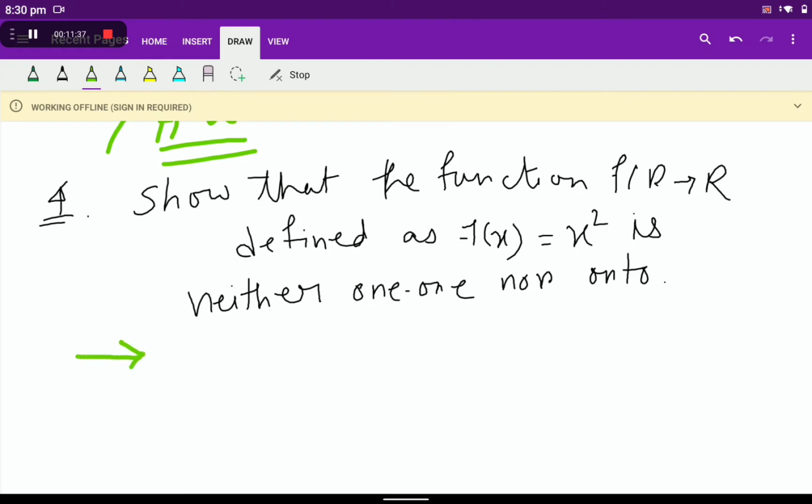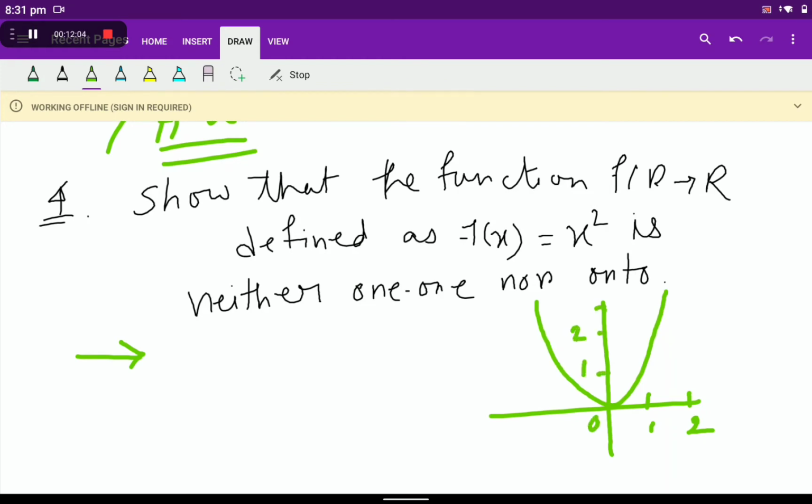So first of all, what is the graph of f of x equals x square? We already know that f of x equals x square is a parabola, right? See, this is 1, this is 2, and here this is 0, this is 1, this is 2, this is 3.